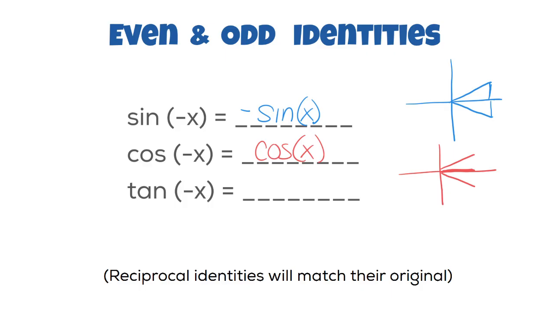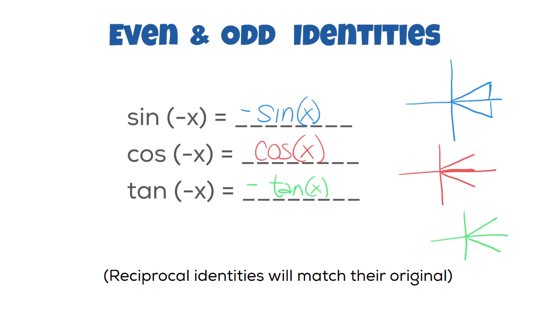The tangent at 30, is that the same or is it the opposite of the tangent at negative 30? And it's the opposite. They are opposite signs in those two quadrants. So you would find the tangent of it and then just change the sign on it.